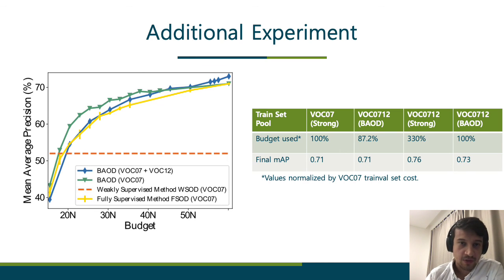When doing that, we found that we can reach the same performance, 0.71, of the original model by spending only 87% of the budget. More importantly, when we spend 100% of the budget, we can achieve a 0.73 mean AP, which is 2 points more in mAP that we are gaining just by picking better the images that we train with.